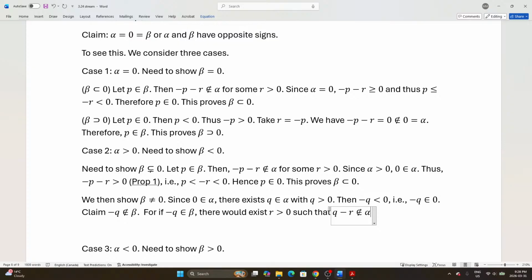So what does that mean? q is in alpha, minus q is not in alpha, and that's not possible, contradicting that q is in alpha.